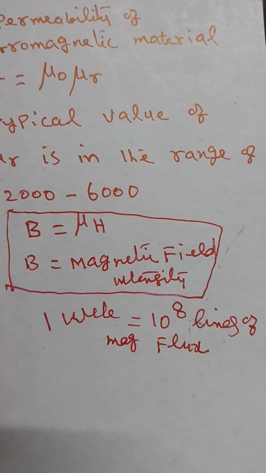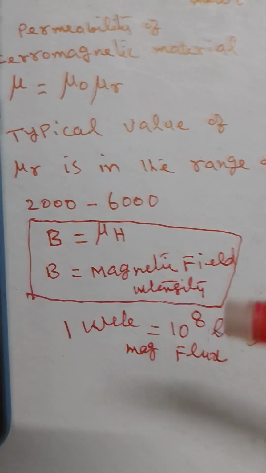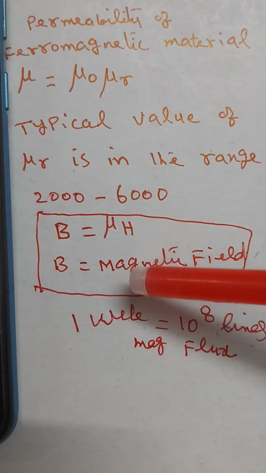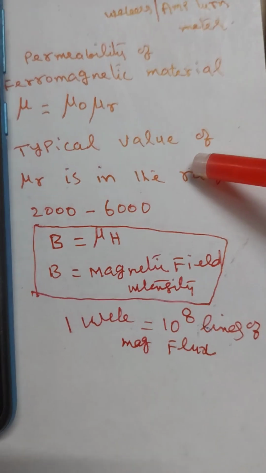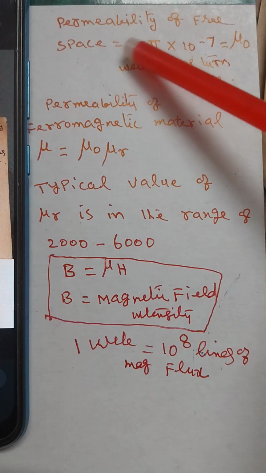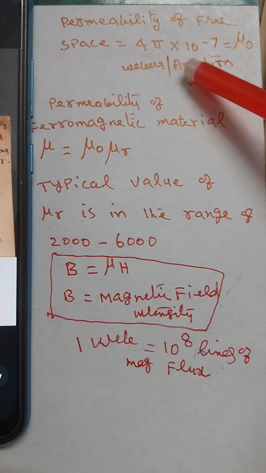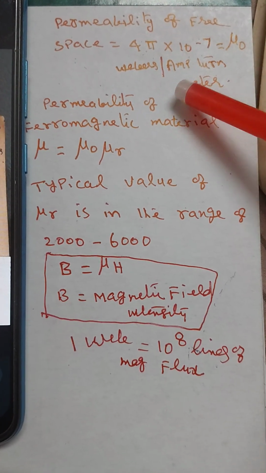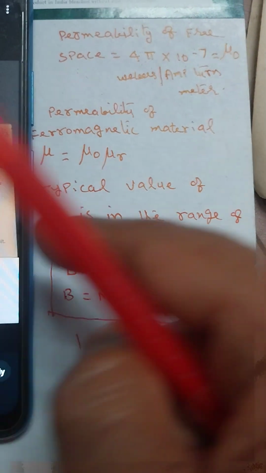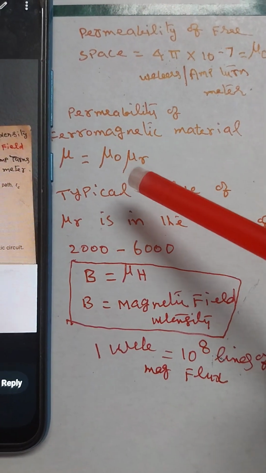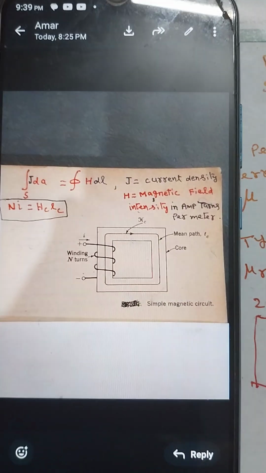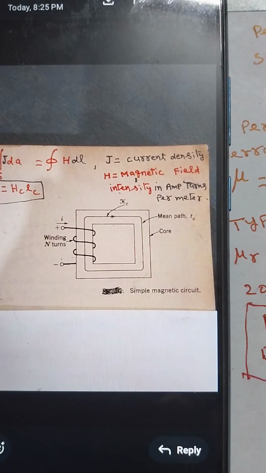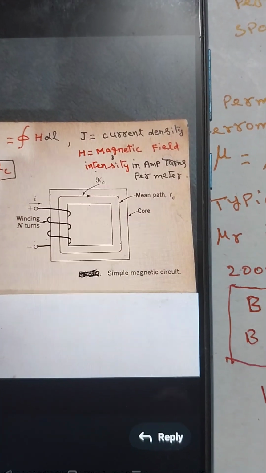In SI units, the permeability of free space is 4 pi into 10 to the power minus 7 Webers per ampere turn meter.